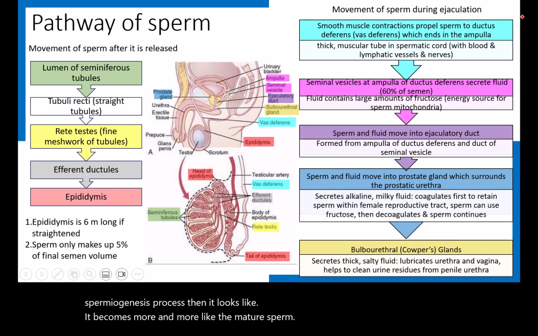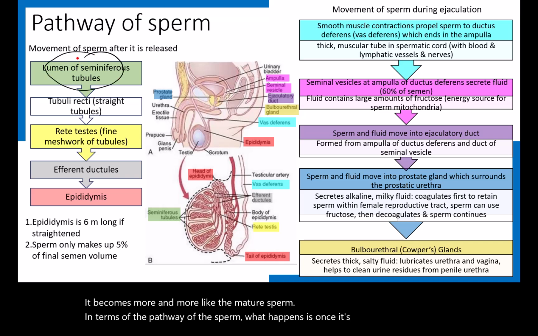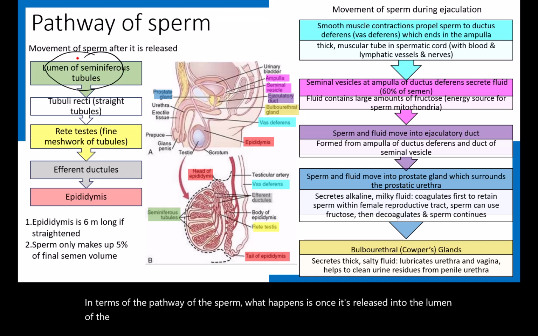In terms of the pathway of the sperm, once it's released into the lumen of the seminiferous tubules, it goes into the straight tubules, or tubuli recti, which is not indicated in either diagram.